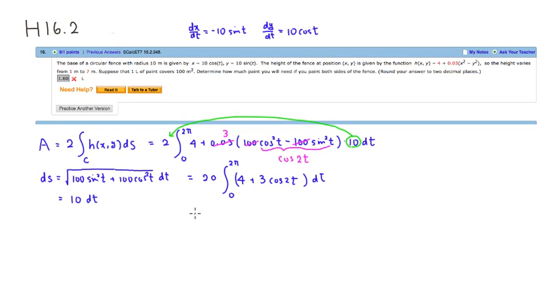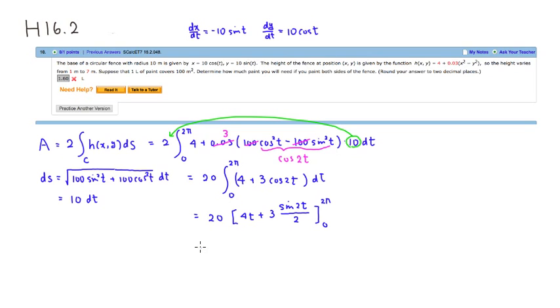So this is going to be 20 times the antiderivative. The antiderivative of 4 is 4t, and the antiderivative of 3 cosine of 2t would be 3 sine of 2t over 2, going from 0 to 2 pi.